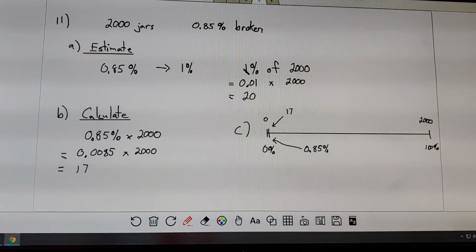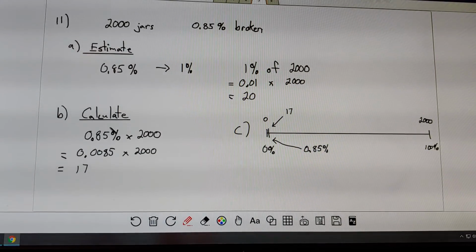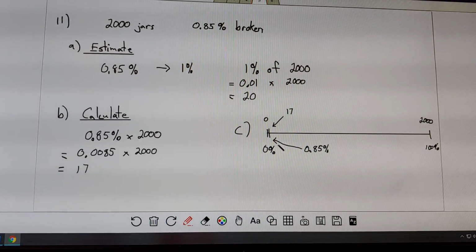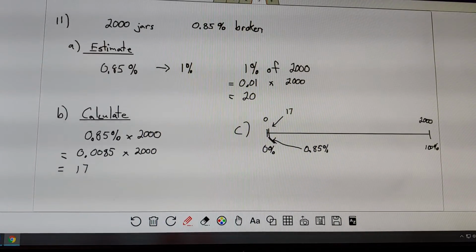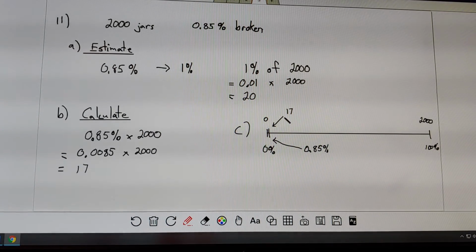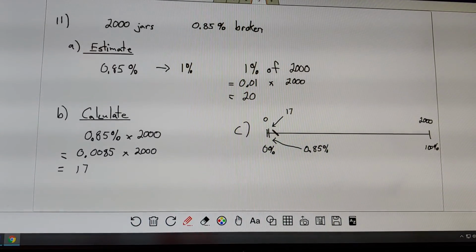And then they want us to show this answer down here, 0.85% and 17. So that's less than a percent. In reality, that line is going to be even closer, but I wanted to leave some separation for you. But regardless, we're getting across. It's really close to 0. So I drew that in, marked it as 0.85%, and then the number that represents 0.85%. Okay?